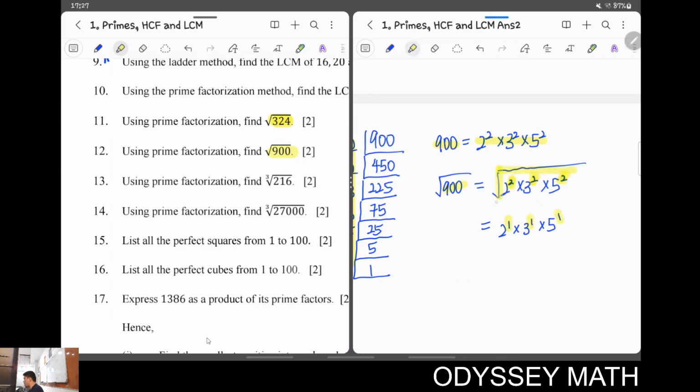And then after we divide, we remove the square root over here, can? So 2 times 3 times 5 will give you 30. And that will be the answer for question number 12 over here. You can actually use your calculator to verify the answer. Indeed, square root 900 is actually equal to 30. Can?